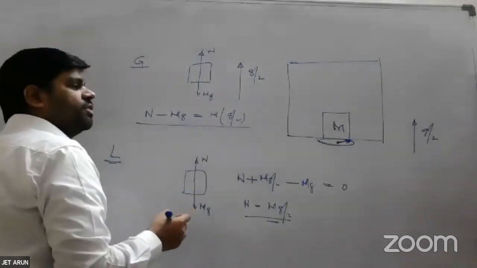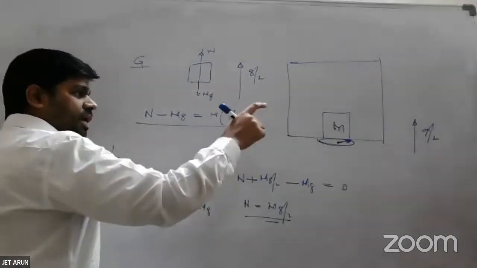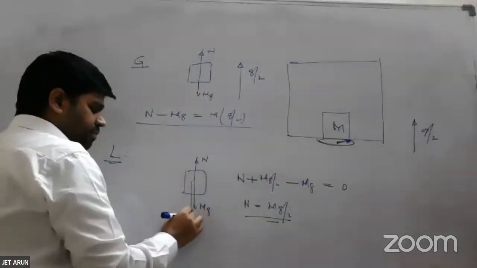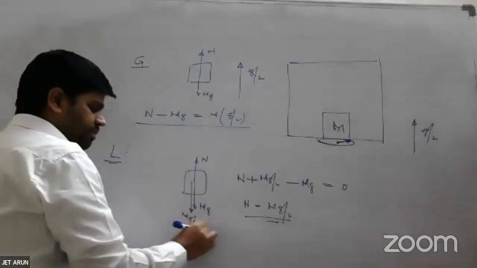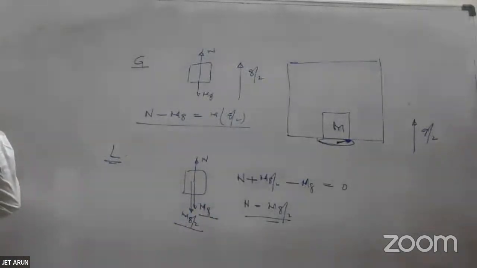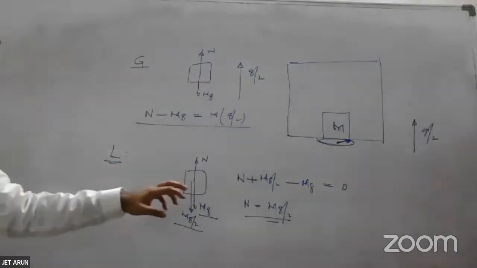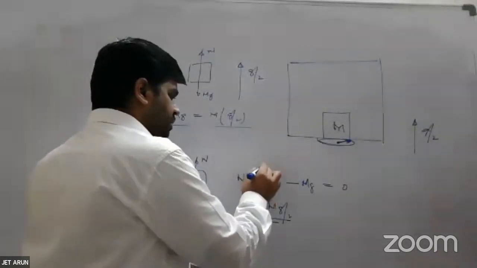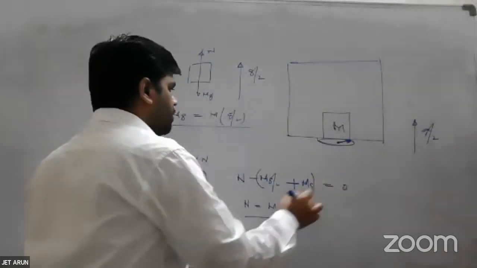But I'll have an additional pseudo force, which is mass times the acceleration of the reference frame, oppositely directed to the acceleration of the reference frame. So I'll have N minus mg by 2 plus mg equal to 0.